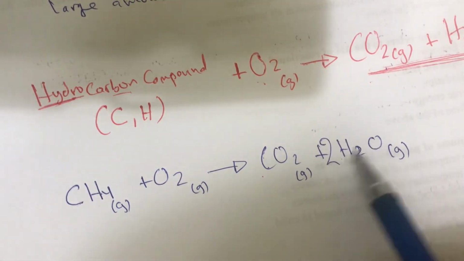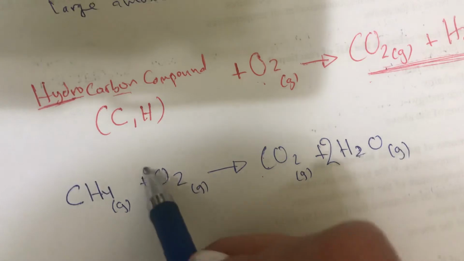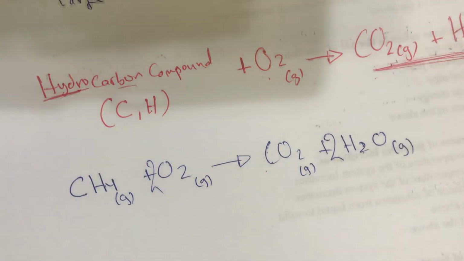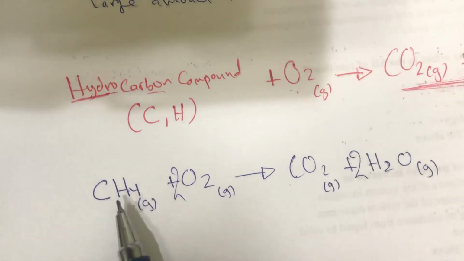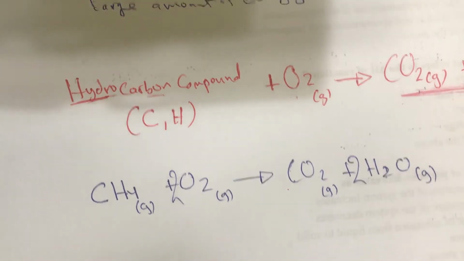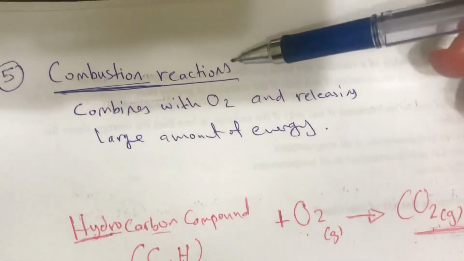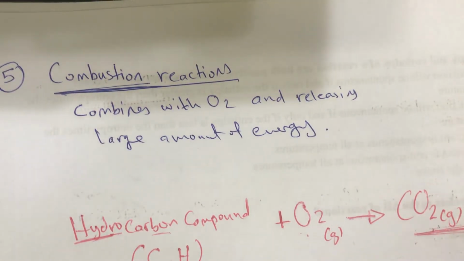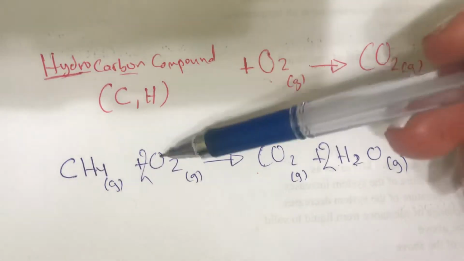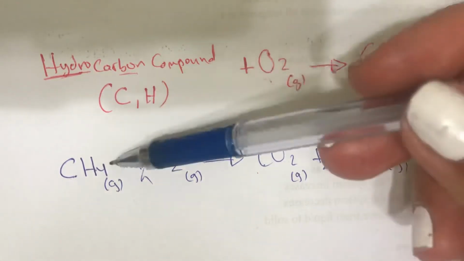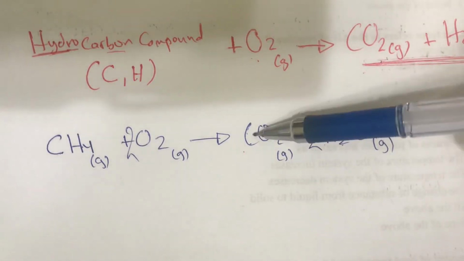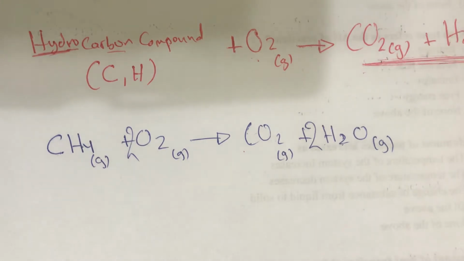So number of oxygen 2, and here 2, 4, so here multiply by 2. So now it's a balanced equation. Hydrocarbon plus oxygen, the products are carbon dioxide and water. It's a combustion reaction. So again, the general formula for combustion reaction: hydrocarbon compound plus oxygen gas, and the products are carbon dioxide and water.